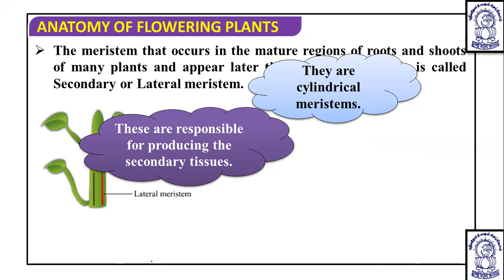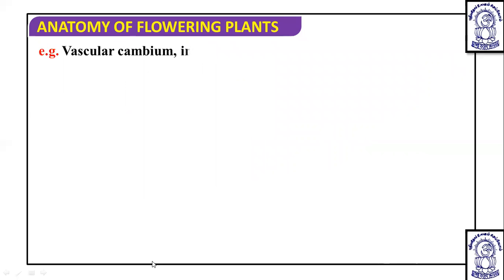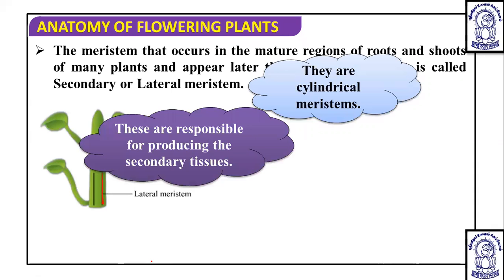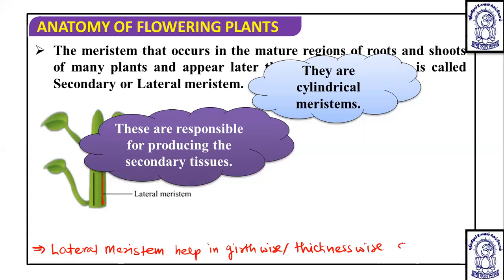Okay, so these are the lateral meristems. Now, if we talk about the examples of this lateral meristem which occur later in life, one point we should write here is that lateral meristem helps in girth-wise or thickness-wise growth.